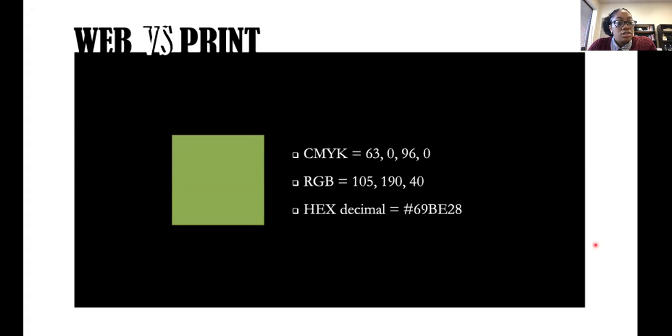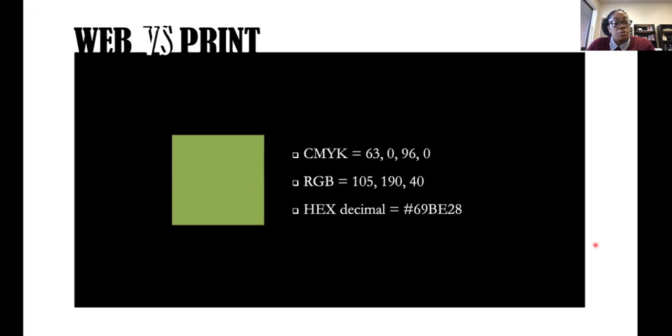Then in RGB, you need 105 for red, 190 for green, and 40 for blue. And then the hexadecimal, which is usually a hashtag and six numbers or letters put together. You can use those in web design as well.